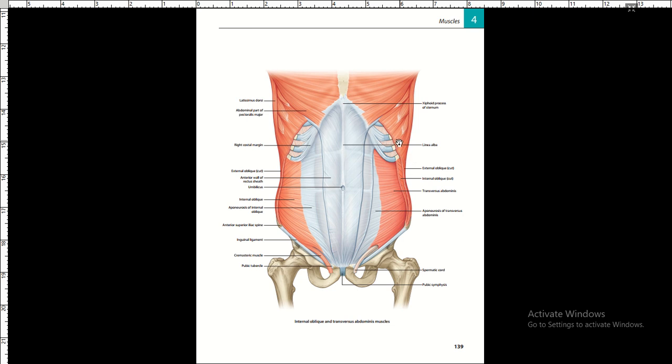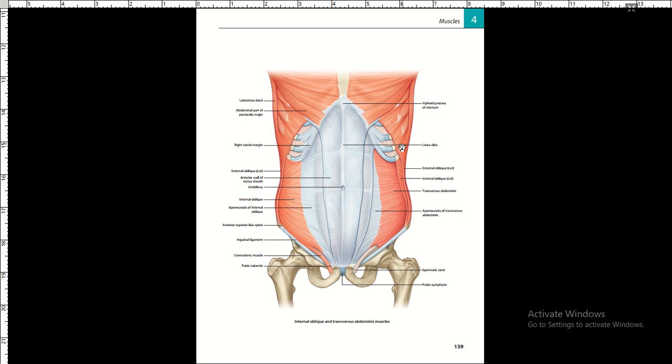Inferiorly, the external oblique has an aponeurosis extending from the anterior superior iliac spine to the pubic tubercle, which is famously known as the inguinal ligament. So the inguinal ligament is actually an aponeurosis of the external oblique muscle. Good.